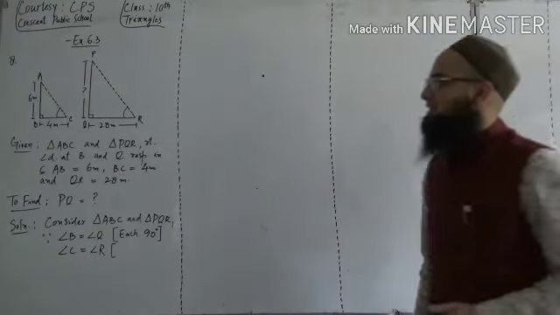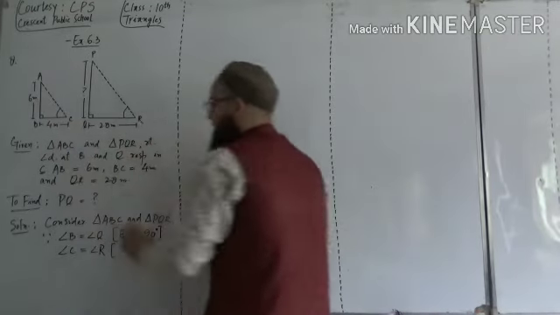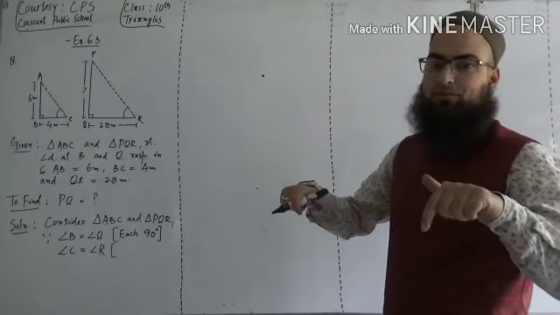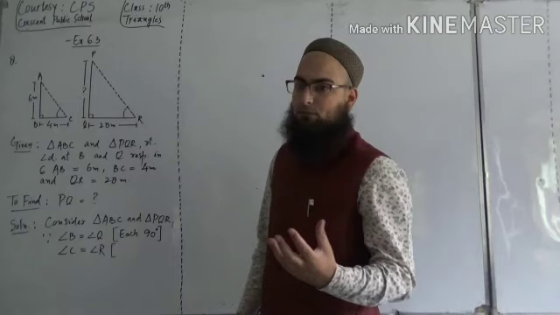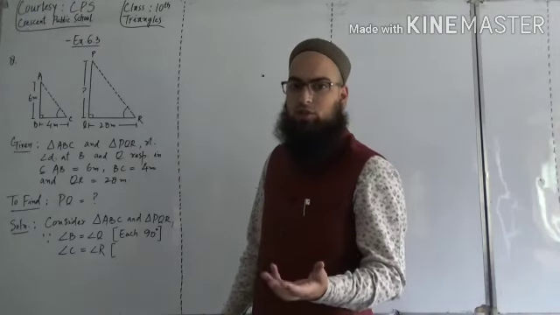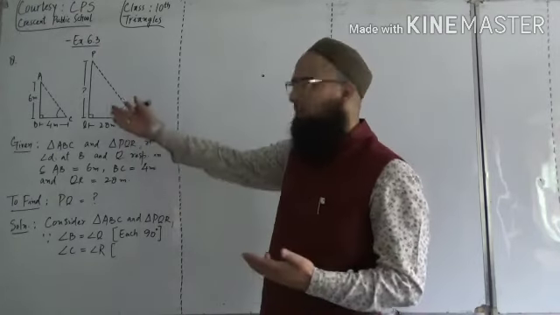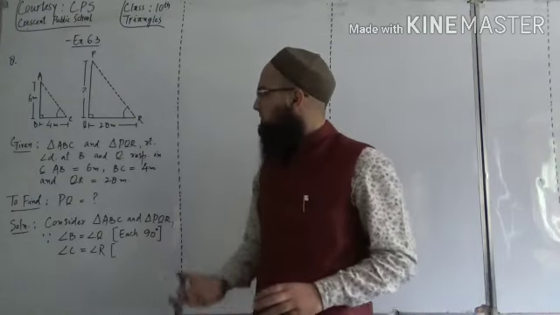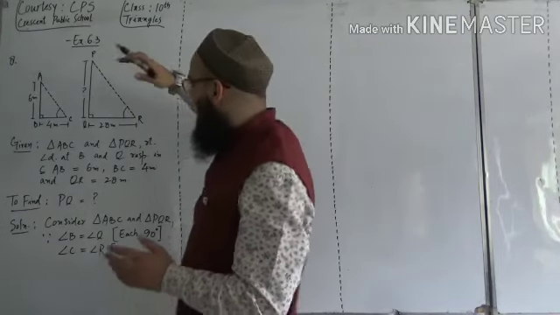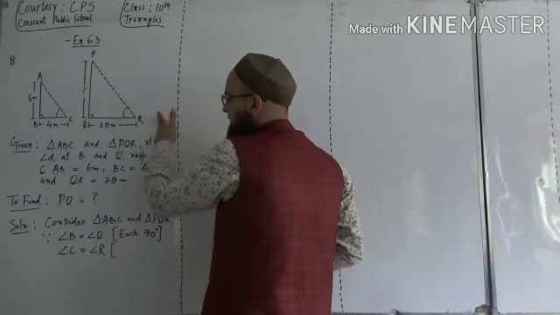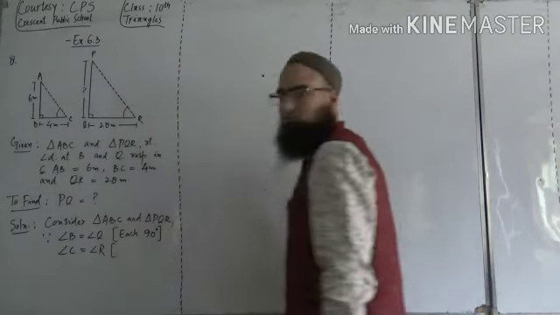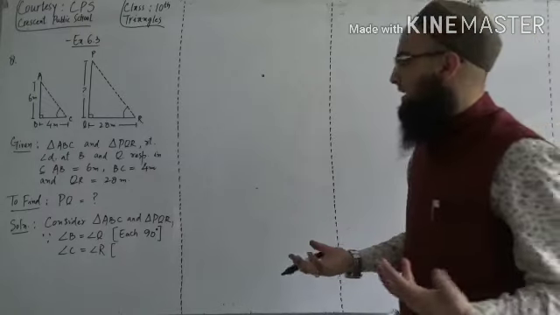See, the question says shadow is formed at the same time. At the same time means the source for the shadow formation is, obviously in this case, the sun. So the angle formed between the rays of sun and the shadow, at the same time, that's always equal.